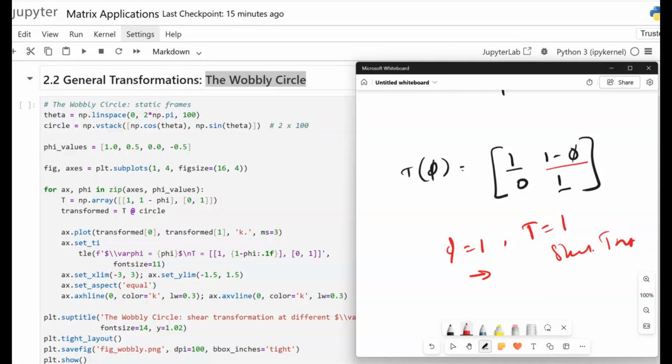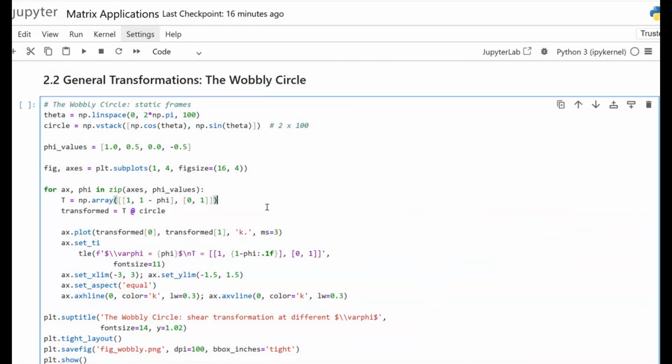Now let me discuss the code. This exact code visualizes a family of shear transformations applied to the unit circle and verifies a key algebraic property, the determinant. The result is the so-called wobbly circle, an ellipse-like shape.